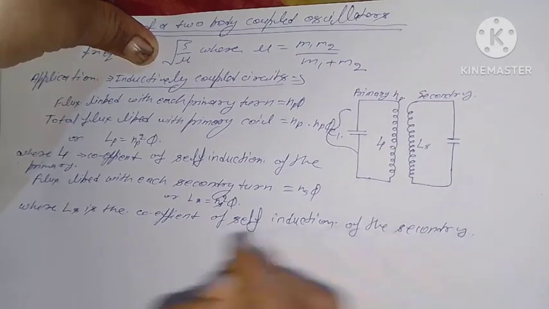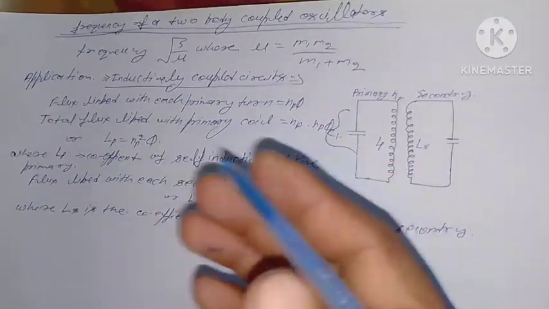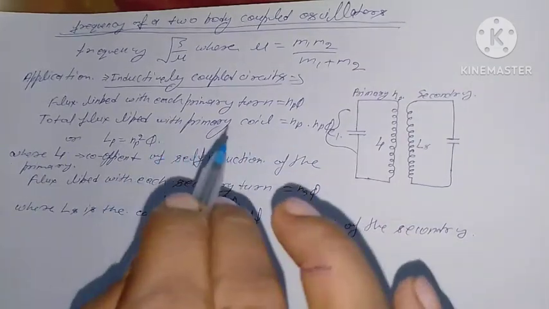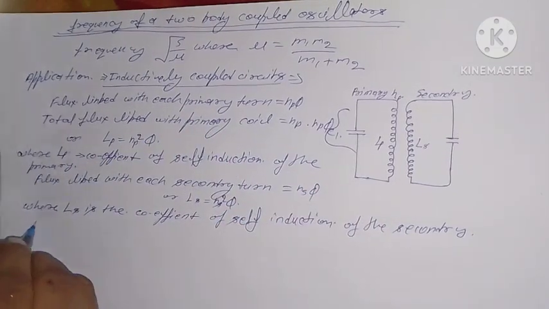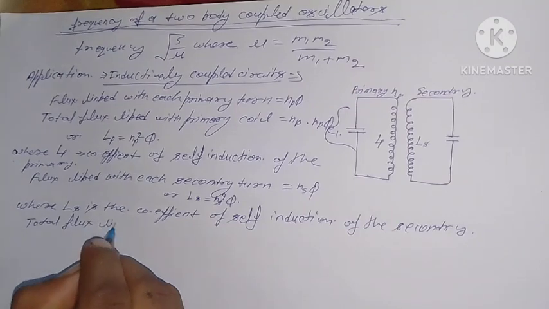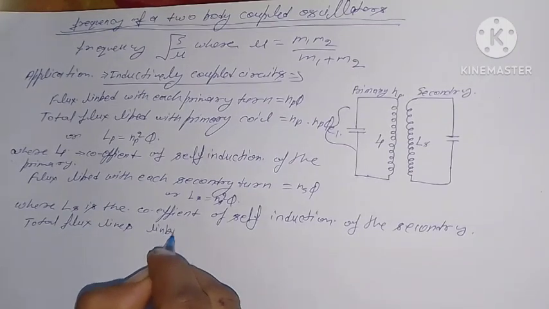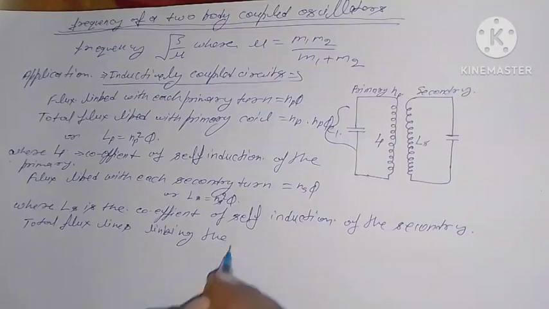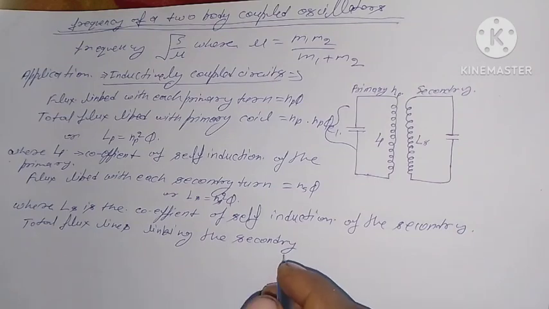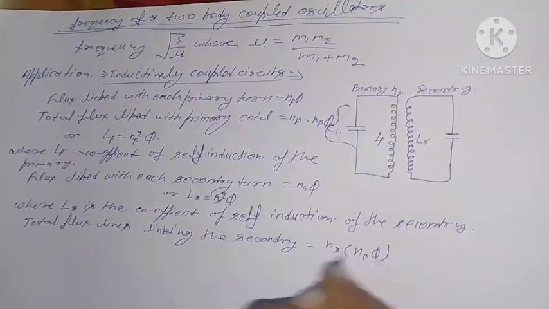If we suppose that all the lines of magnetic flux due to a unit current in the primary thread all the turns of the secondary, then the total flux lines linking the secondary is NP phi.